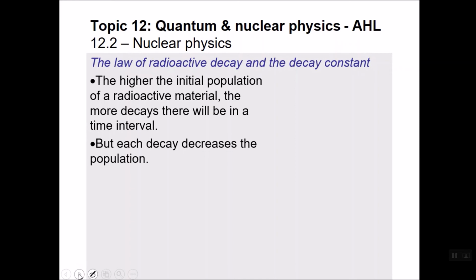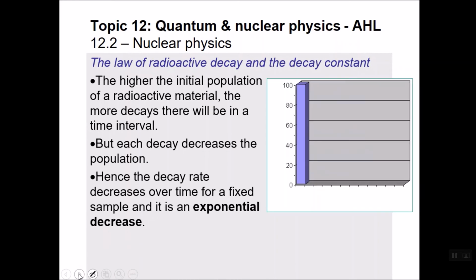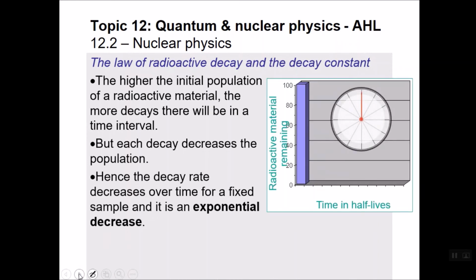So as that population gets smaller, the decay rate gets smaller as well because there's less and less material there for it to decay with, and you get the famous exponential distribution that we talked about in SL.